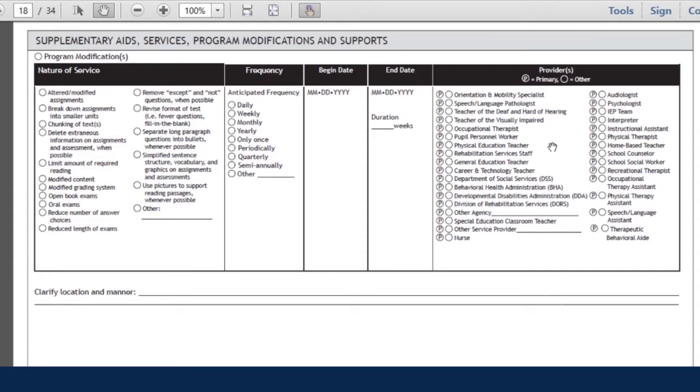So what I do is I just calmly and persistently advocate for my child on their behalf to make sure that their needs are met.